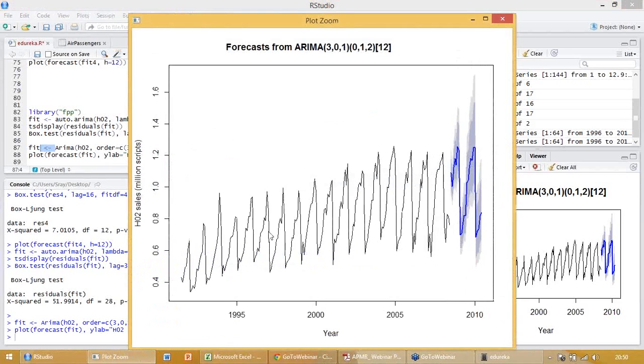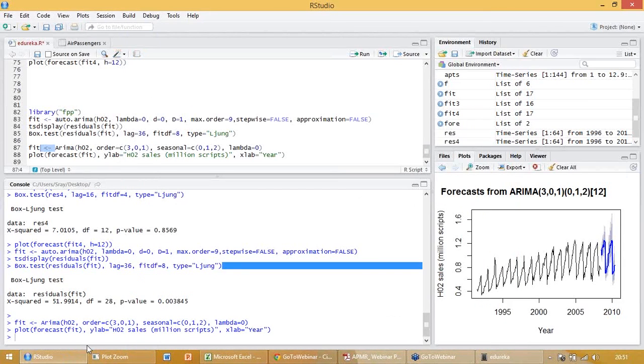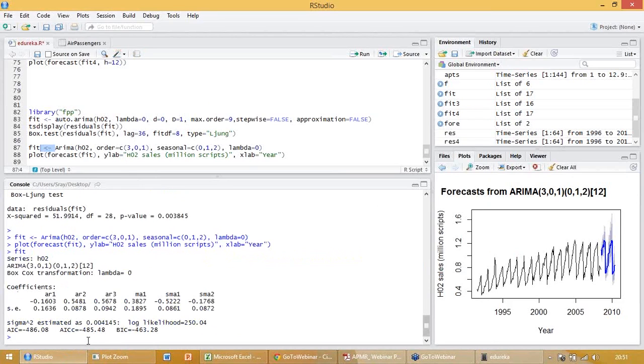Then I plotted the graph, which looks something like this. If you want to see what it was, it's in the memory. Yeah. So the model was AR3, MA1, and then seasonal MA2.